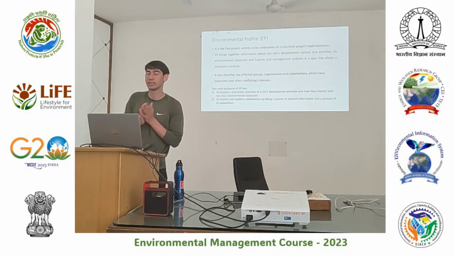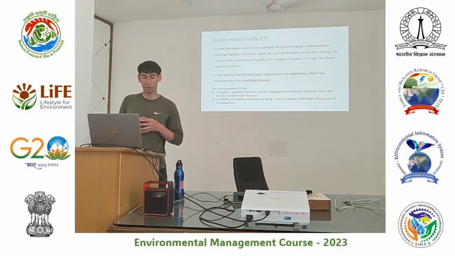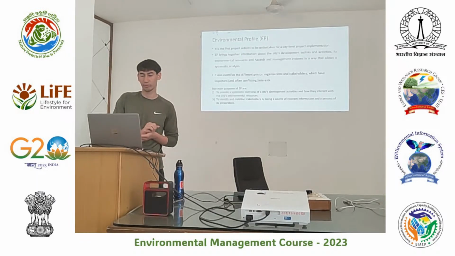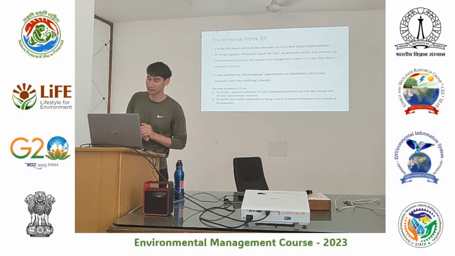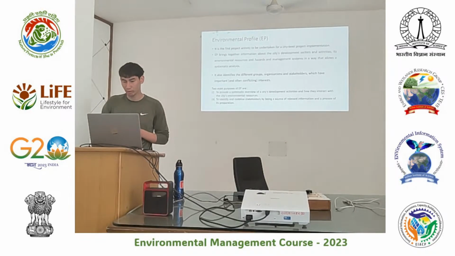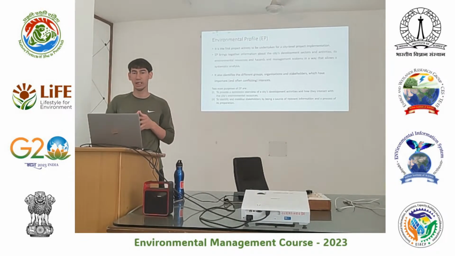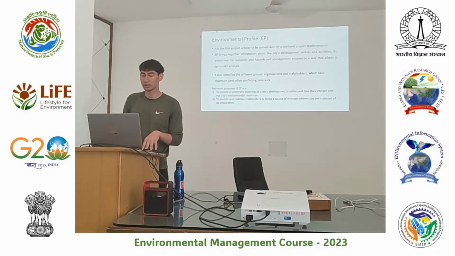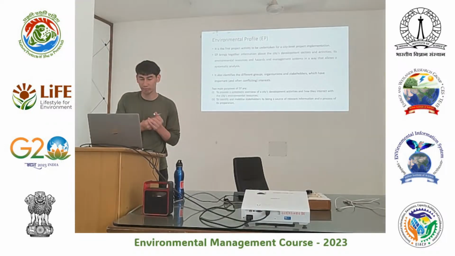Moving on to the next section, it is the environmental profile. It is the first project activity to be undertaken for a city-level project implementation. The environmental profile brings together information about the city's development sectors and activities, its environmental resources and hazards, and management system in a way that allows a systematic analysis.